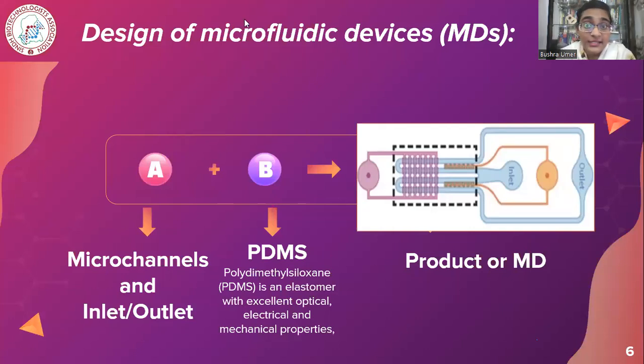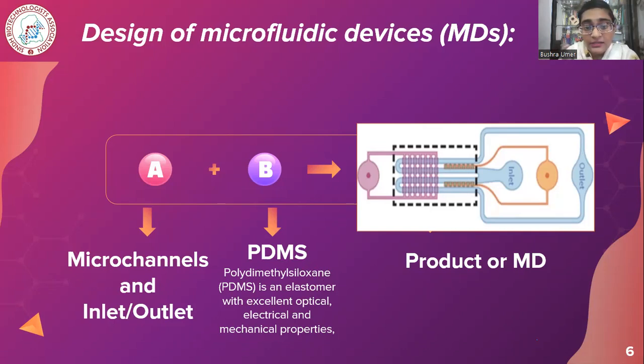So this is the microfluidic design. We have already learned about the microchannels, inlet and outlet. So we see that microchannels are important, and the chip on which these microchannels are present is made up of PDMS, or polydimethylsiloxane. This material is much like plastic.